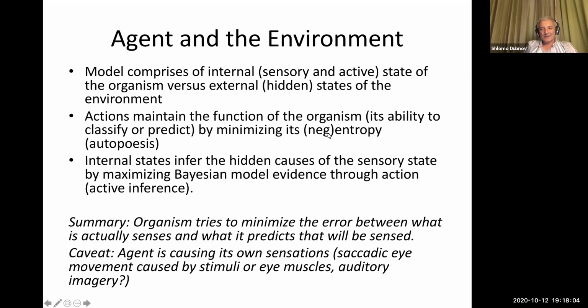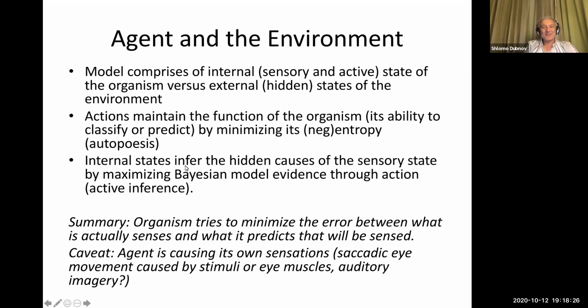And again, entropy and negentropy, we have to be careful there about what we're minimizing, what we're maximizing. So pardon me for not defining why there is the neg here. And then internal states infer the hidden causes of the sensory state by maximizing this Bayesian model evidence through action.